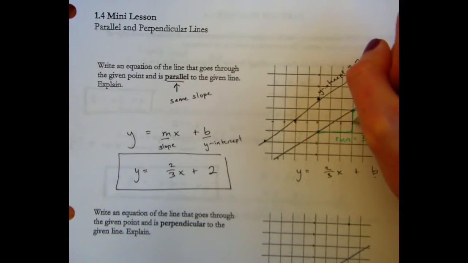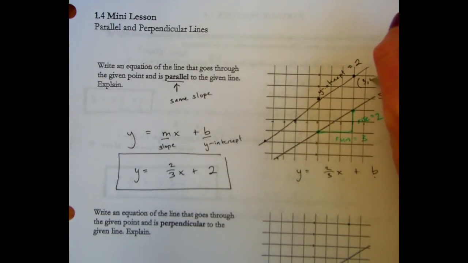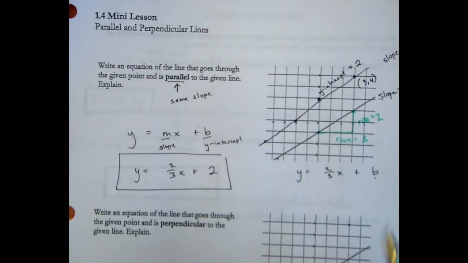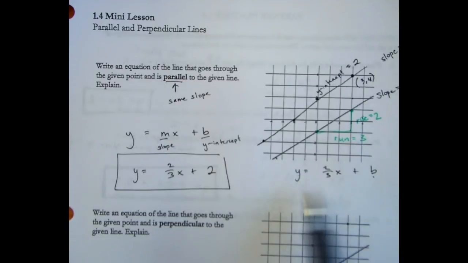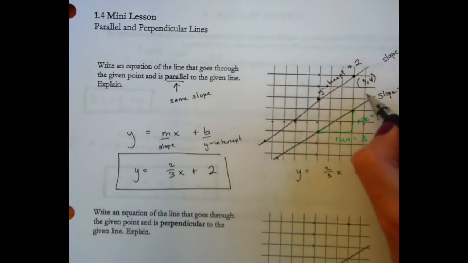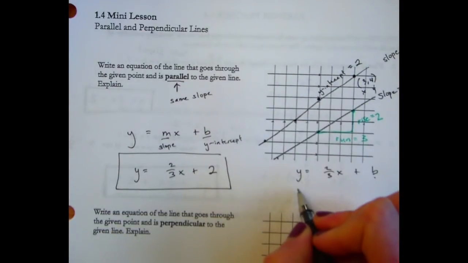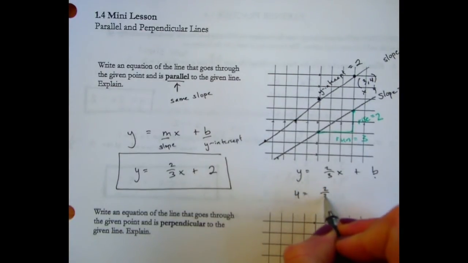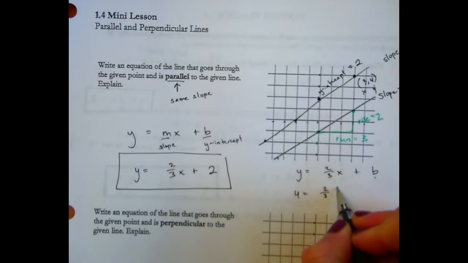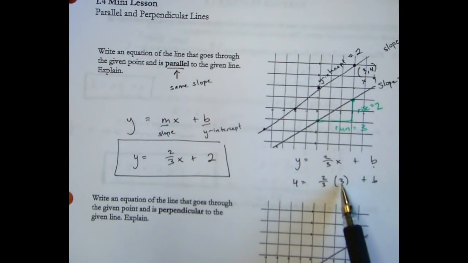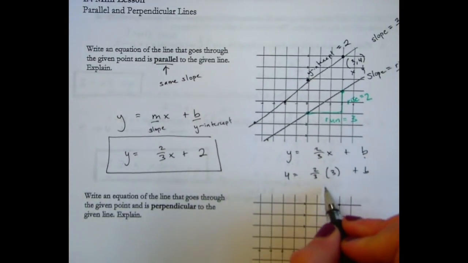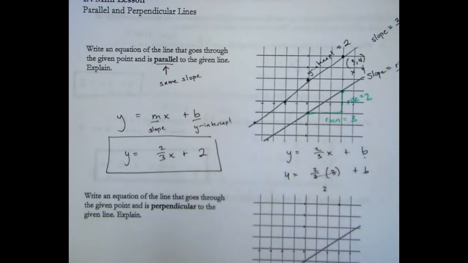So I could actually go ahead and plug this ordered pair into my equation, right? Because I know that x value has to be 3 and the y value has to be 4. So I could replace y with 4. I could replace x with 3, plus b. 2 over 3 times 3 is just going to be 2, because this 3 cancels out with the 3 in the denominator, plus b.